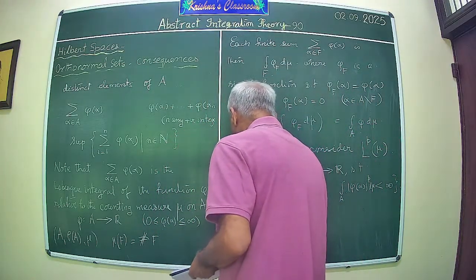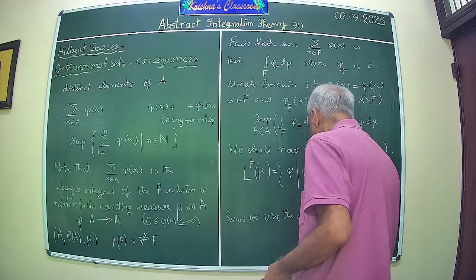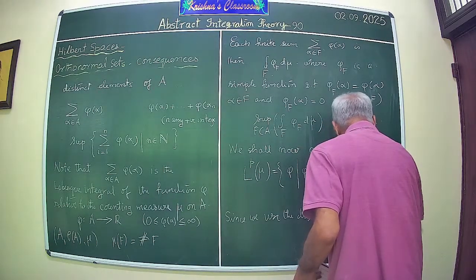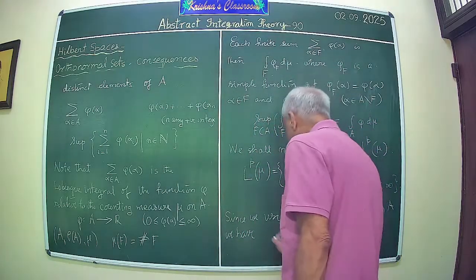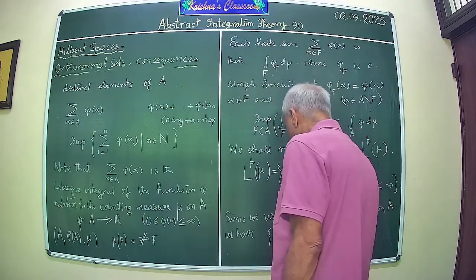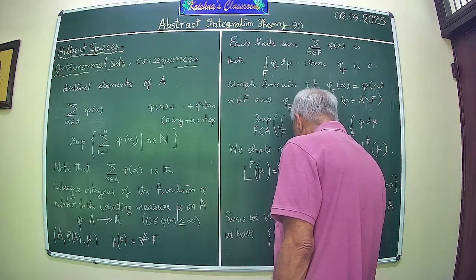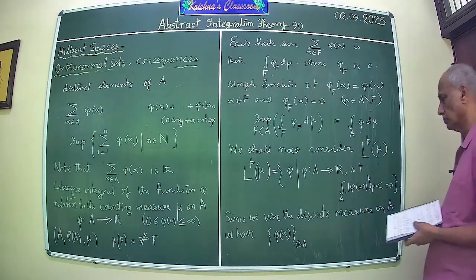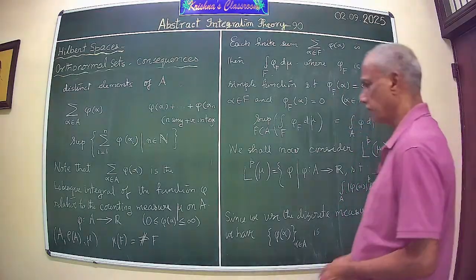Since we have a counting measure, we have a collection of what? What do you call this?